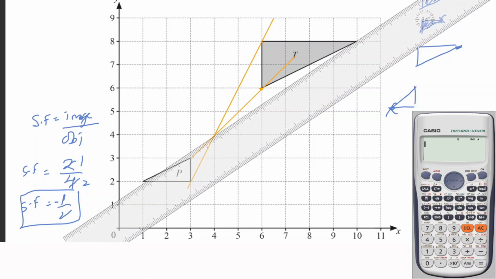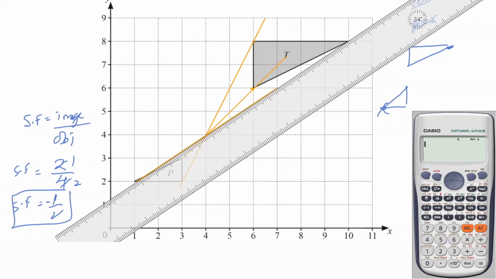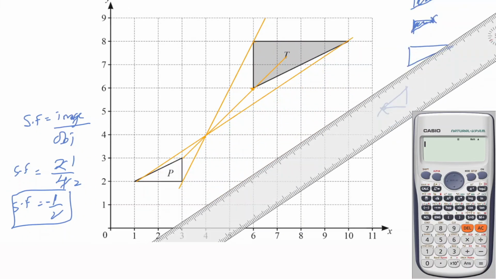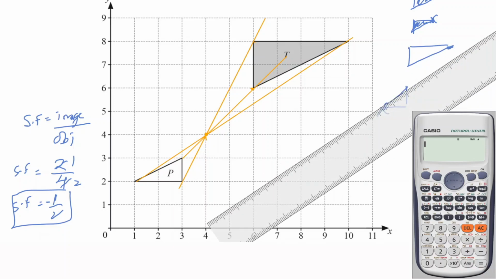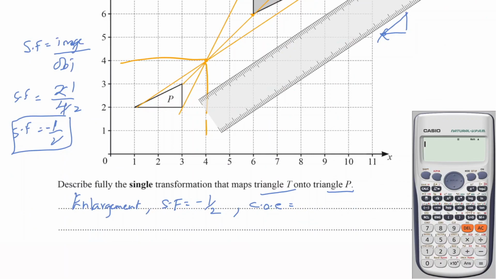If it is not possible, no problem, you just have to write the center of enlargement. So see, I'm also getting the same center of enlargement. It might not be that accurate, but I tried my best. So this will be the center of enlargement, that is 4 comma 4. So center of enlargement, I'll write it as 4 comma 4.